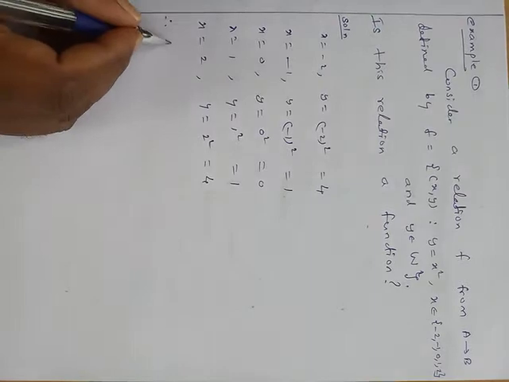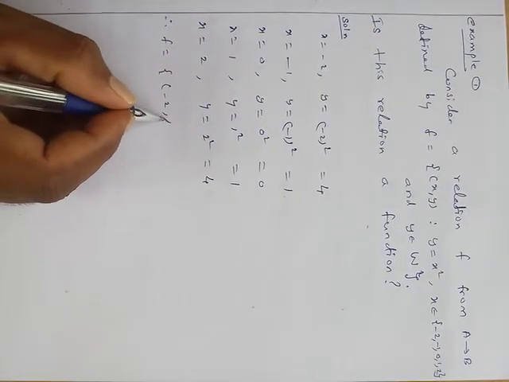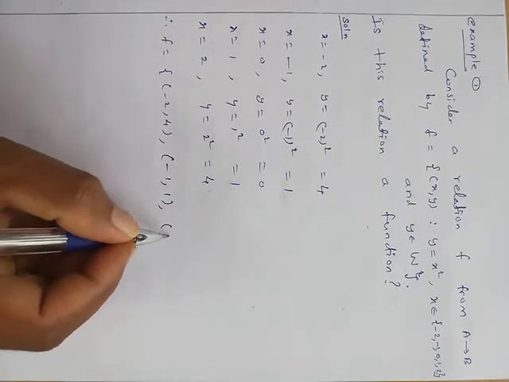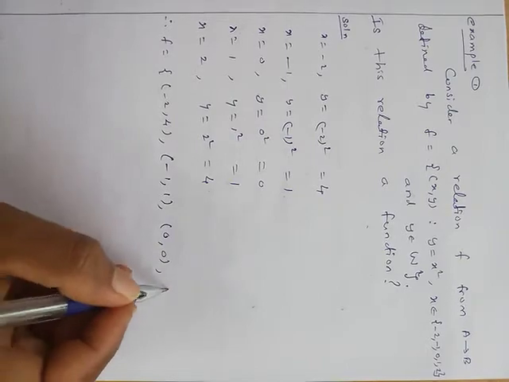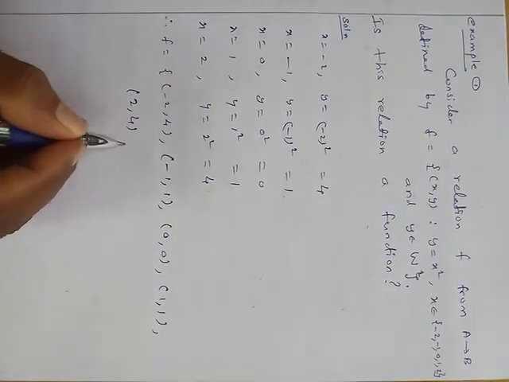So f equals {(-2, 4), (-1, 1), (0, 0), (1, 1), (2, 4)}.